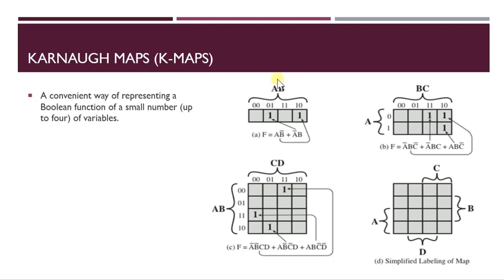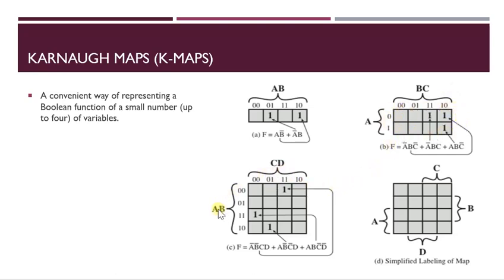For example, if we have 2 variables, 2 power of 2 is equal to 4, so we need 4 cells. If we have 3 variables, it is 2 power of 3, which is equivalent to 8. So we must have 8 cells.